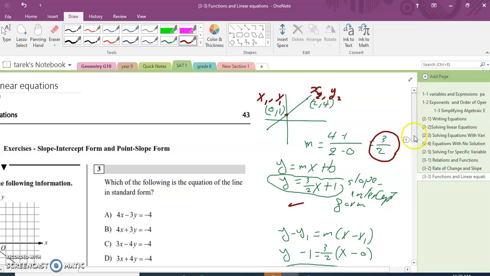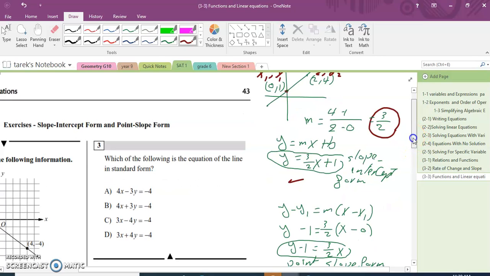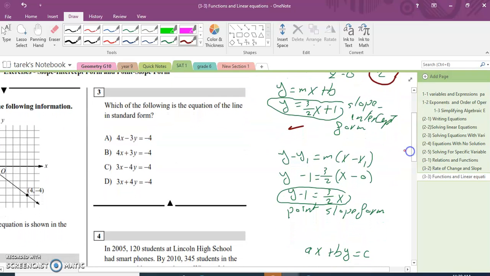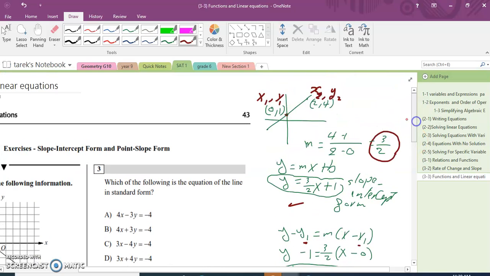You can also write this equation of the line in a different form, which is point-slope form. The point-slope form is y minus y1 equals m times (x minus x1). The m is the slope also, it's 3 over 2. And what about the x1 and the y1? It is the point, this one, 0 and 1.